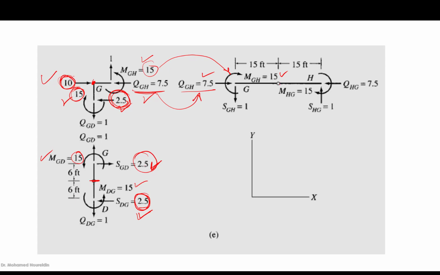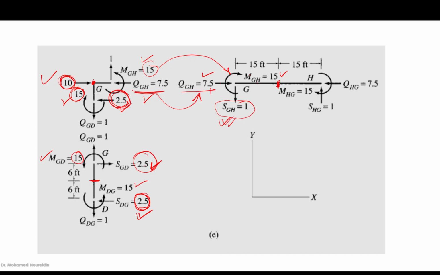Then taking the moment for the girder. Now we are going into the girder, taking the moment here, and knowing this moment, which is 15, then we can get the shear SGH. So we know the shear here. We know the moment, we know the axial force, and we know the shear.